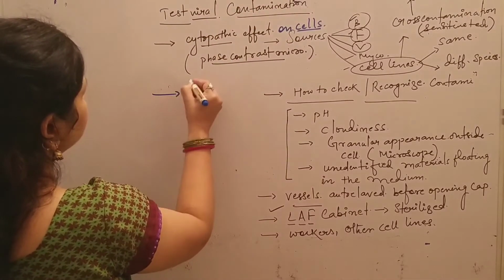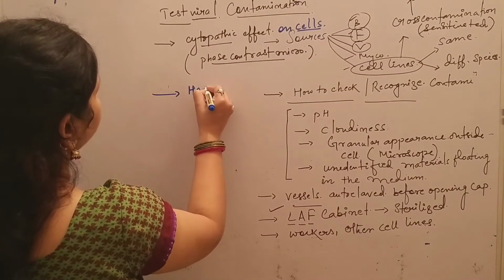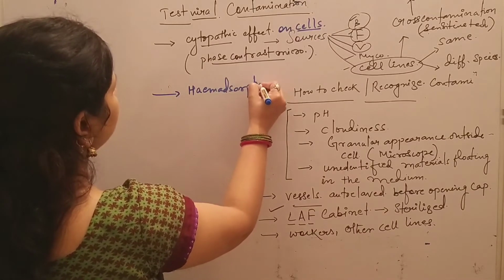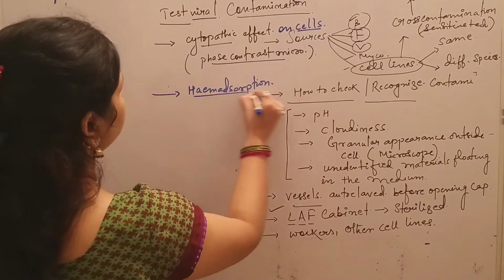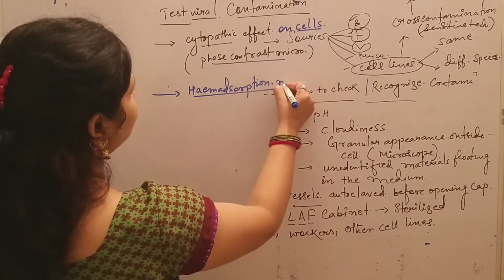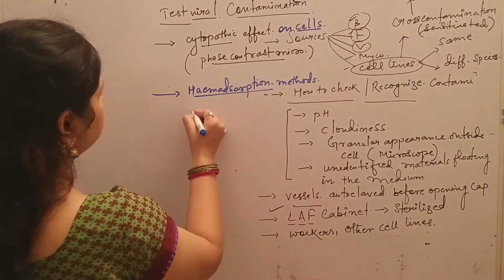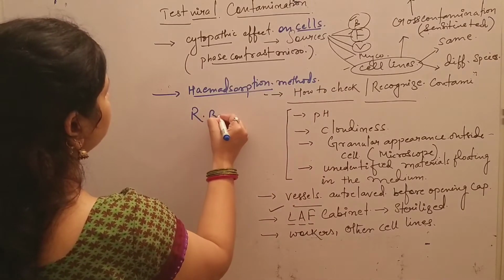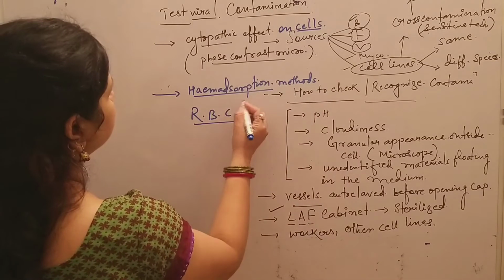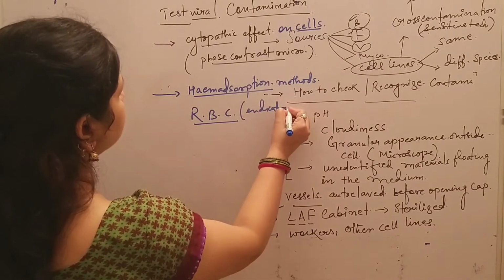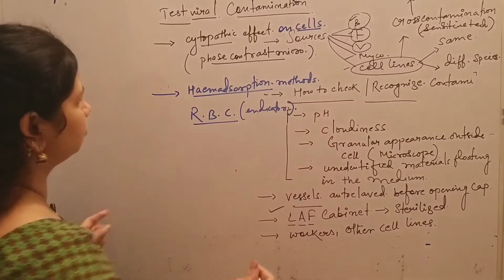And the next method is hemadsorption. Hemadsorption technique. So what is the hemadsorption method? It means adsorption of indicator RBC, the red blood cells, by virus-infected cells in the monolayers.